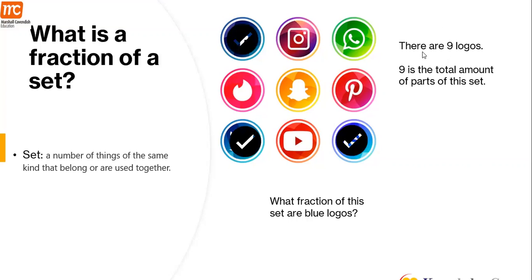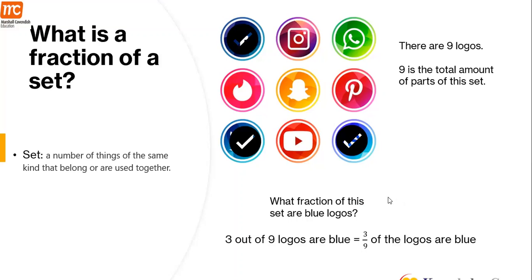And since 9 is the total amount of parts of this set, that will be my denominator. So 3 out of 9 logos are blue. That means that 3/9 or 3 out of 9 of the logos are blue. And that's how you get a fraction of a set.